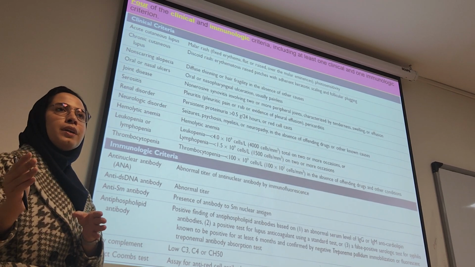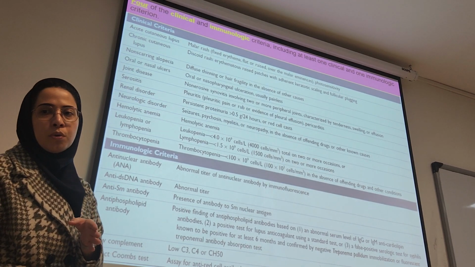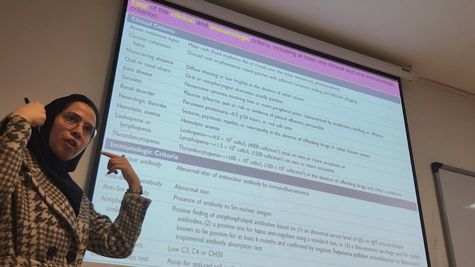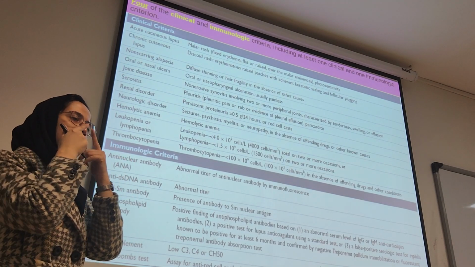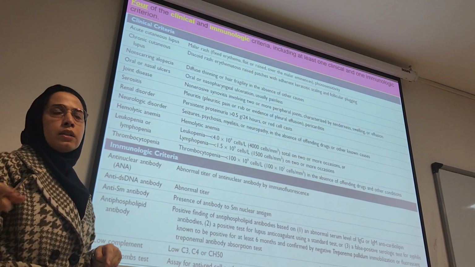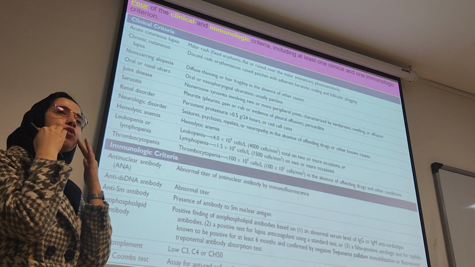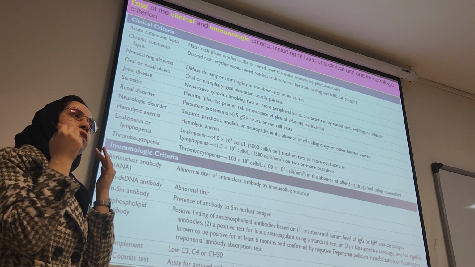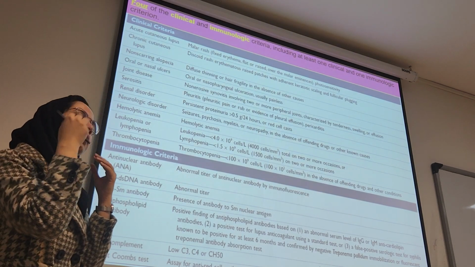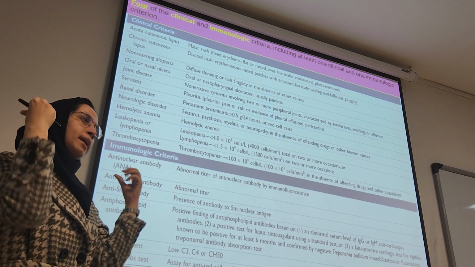So you may have acute cutaneous lupus, in the form of a malar rash, a butterfly rash in these areas. It is like a butterfly. And you have photosensitivity, which means that by exposure to sunlight, the rash exacerbates.